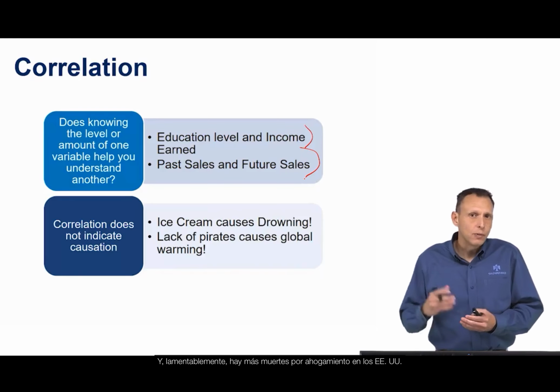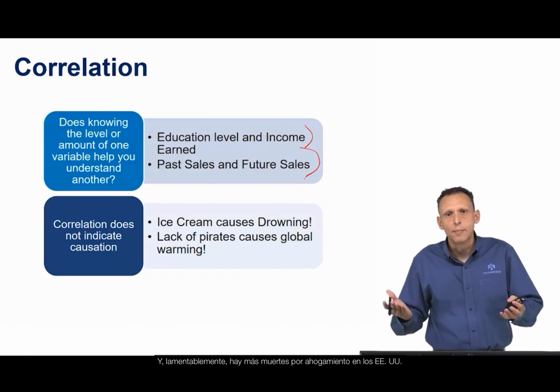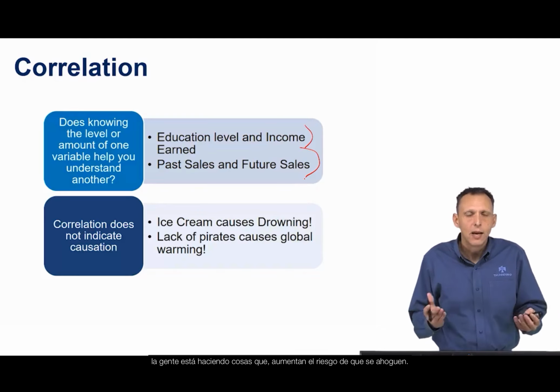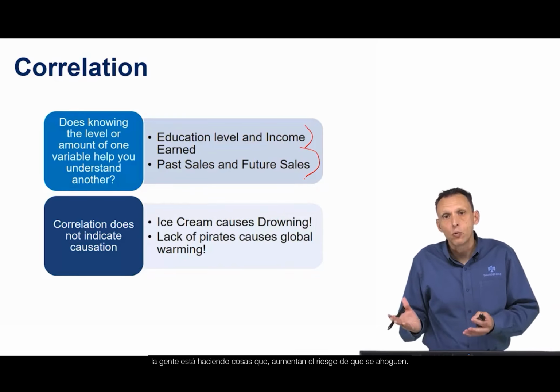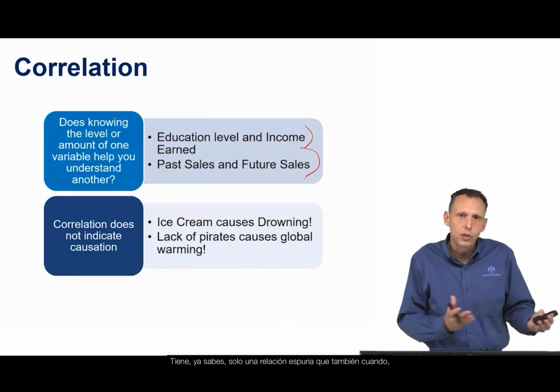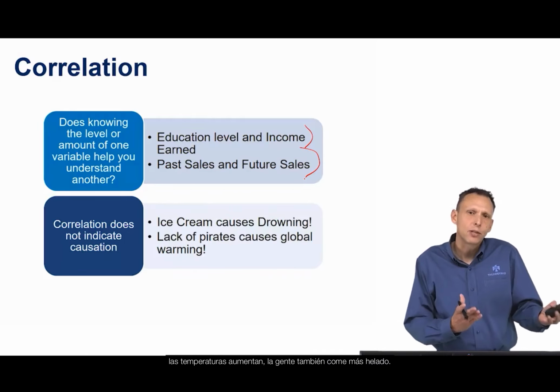And so there, unfortunately, are more drowning deaths in the US in the warmer months, mostly because the weather is warm and people are doing things that would increase the risk of them drowning. It's just a spurious relationship, that also, when the temperatures heat up, people are also eating more ice cream.